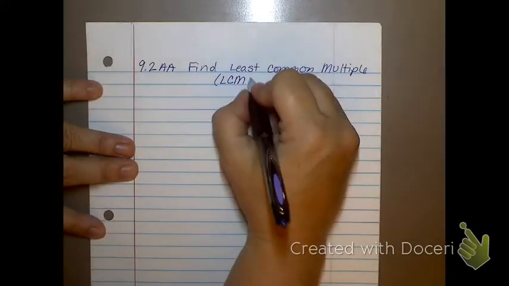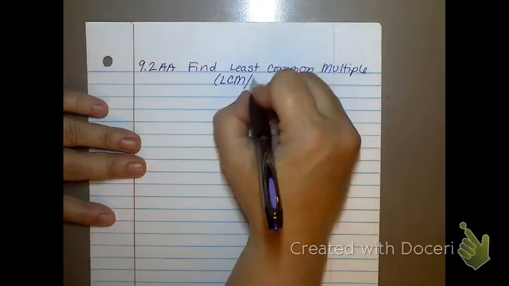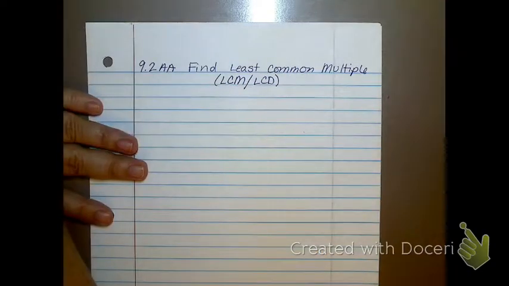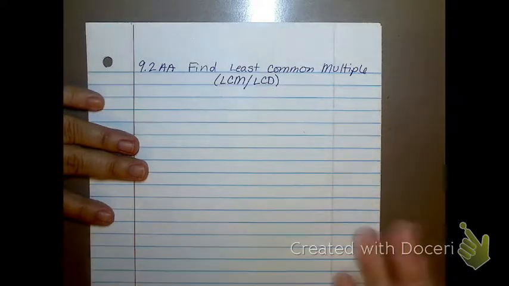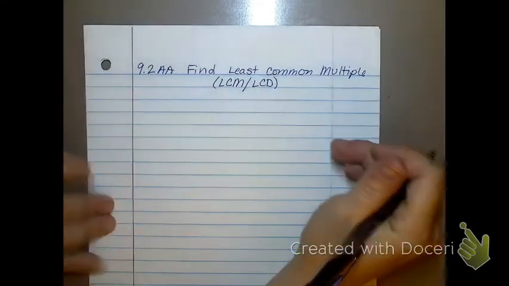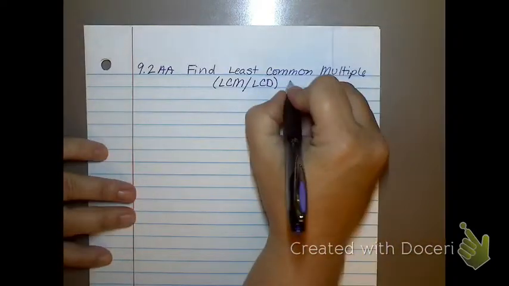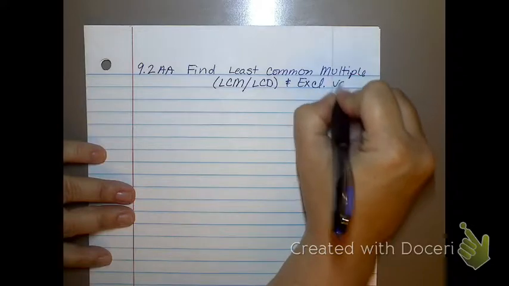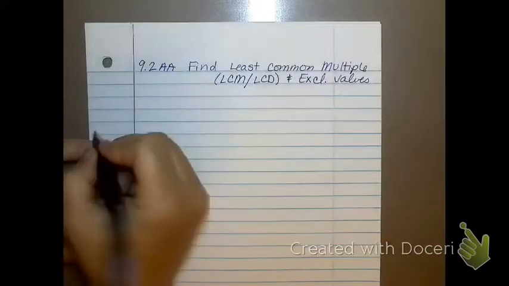The LCM is also known as the LCD. What does LCD stand for? Least common denominator. Least common denominator is actually your least common multiple, but we need to find that for when we get to solving, okay? We're also going to do some more excluded values, because those are always important.